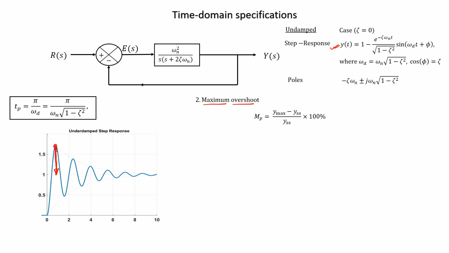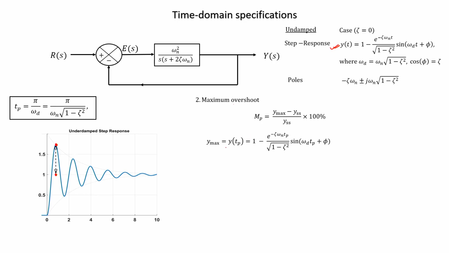The maximum overshoot that we have is what we are trying to find, and the formula will be y max, the maximum value, minus the steady state value yss, which is limit of t tends to infinity y(t), divided by yss into 100. This is the expression for overshoot. So, how much you are going up from the steady state value is the maximum overshoot.